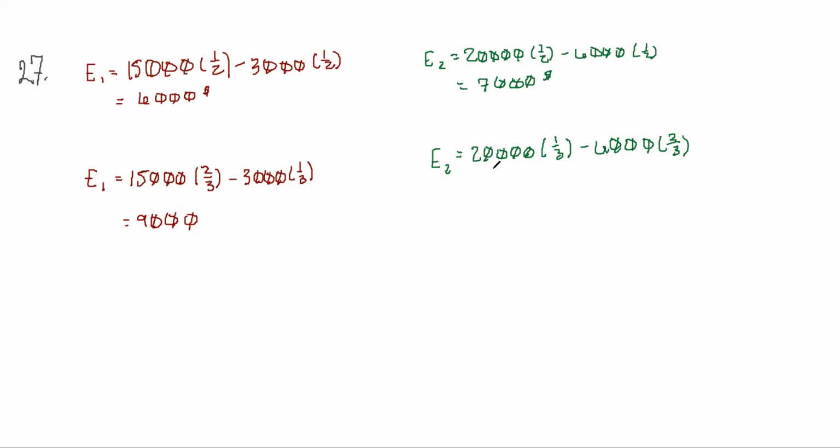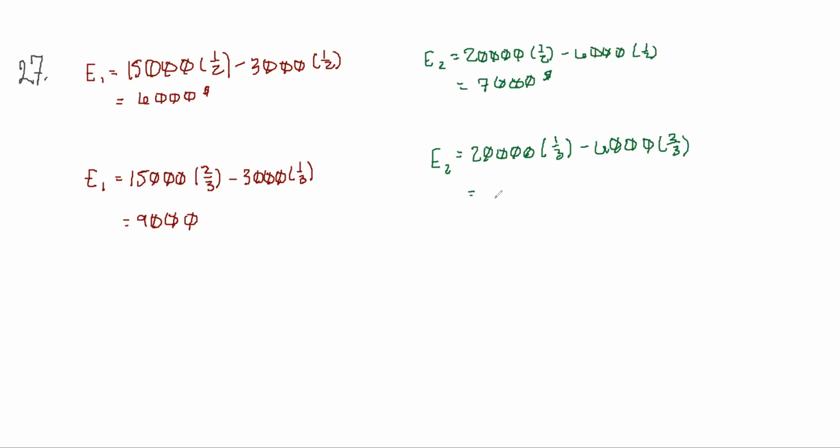And this is going to be less than 7,000. It is going to be $6,666 minus 4,000, right?